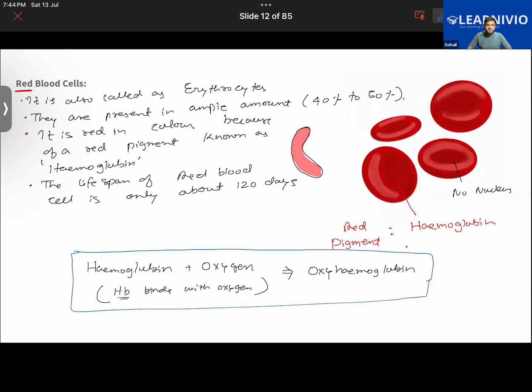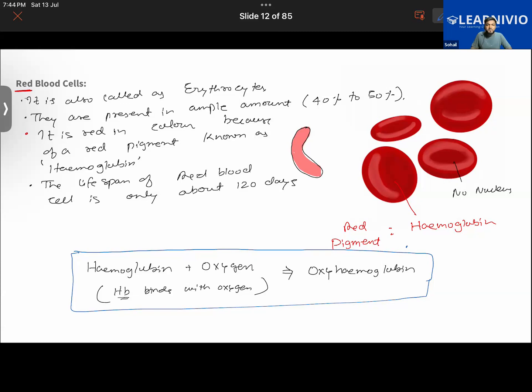Furthermore, it is said that iron is important for red blood cells. Why is it said that one should include iron-rich food in their diet? One should eat lots of spinach or other foods that contain a good amount of iron, because iron is necessary for the formation of hemoglobin.